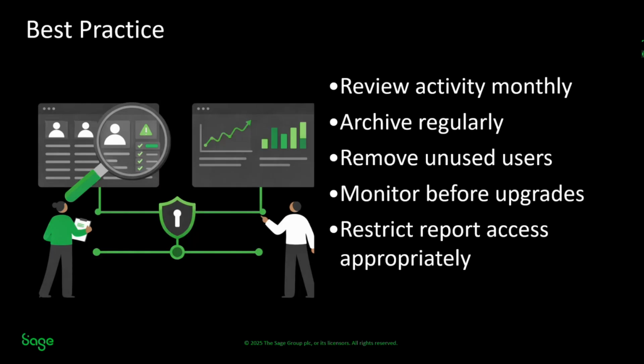We want to make sure that we are not monitoring users who aren't using the system. So we should think about setting users who don't log on as a resource, or in fact reallocating their license. We want to be able to monitor the usage patterns as we plan our upgrades or as we plan changes to licenses.